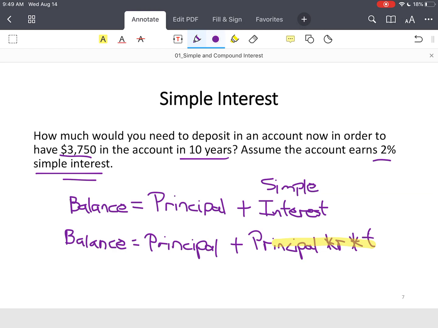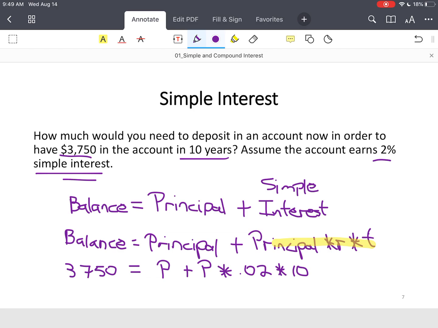So now all you do is a simple step. You say balance, which we know is $3,750. Principal, we don't know, so we're going to leave that P alone, plus the principal times the rate, which was 2% or 0.02, times 10 years.